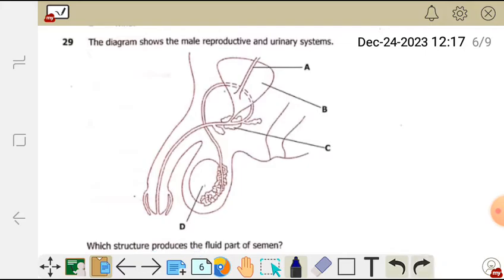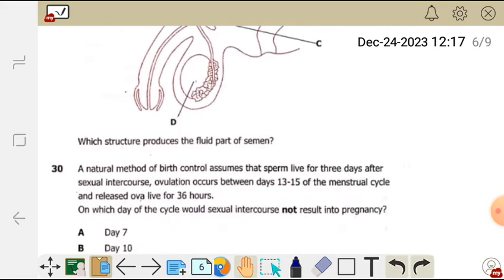Fluid part of semen is produced in structure C. So B is the urinary bladder, A is the ureter, which is coming from the kidney. But the one which produces the fluid here is C. In D here, this is where production of sperms is taking place. So the correct answer for question 29 is C. That's where the fluid part of semen is produced.